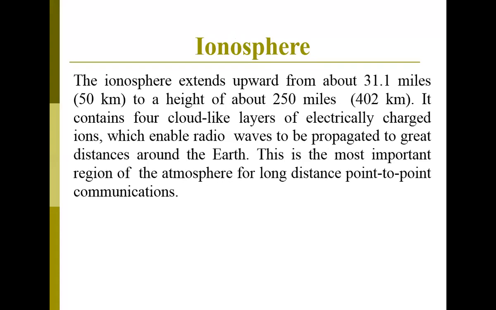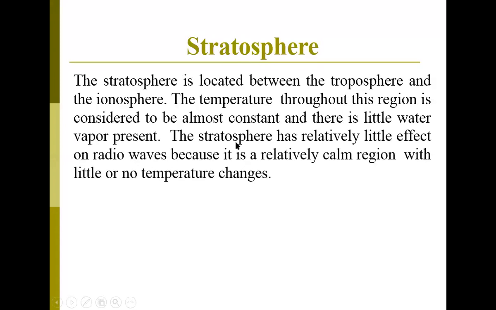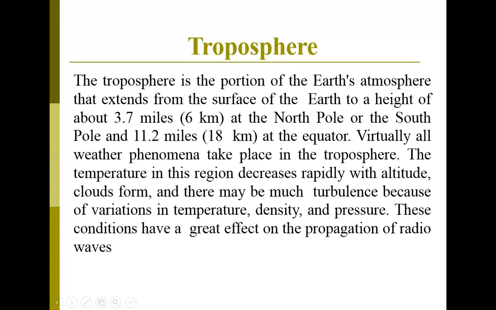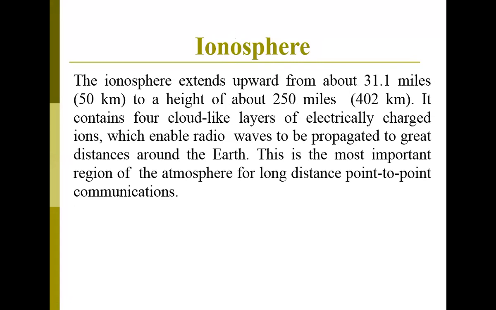Ionosphere. It extends upward from 50 kilometers to a height of about 402 kilometers. So the troposphere would be the innermost region, the stratosphere will be in between, and the ionosphere is the uppermost.